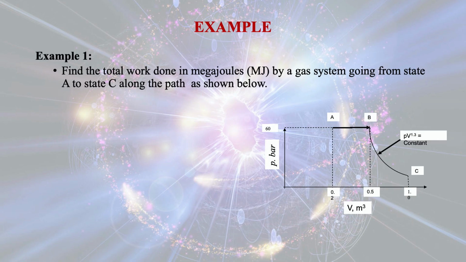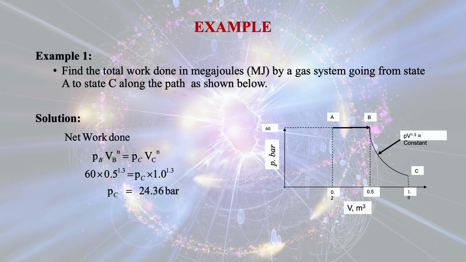Now from B to C, at point B the volume is 0.5 meter cube, and at point C the volume is also given, but the pressure at C is not given. Let us see how we can calculate the pressure at point C. We can use the polytropic equation, that is PB VB to the power n is equal to PC VC to the power n.